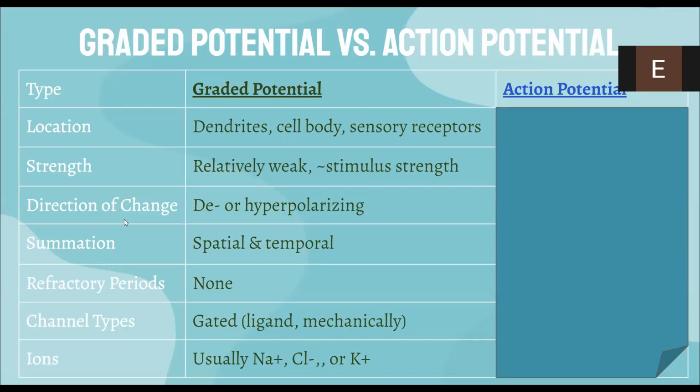And the direction of change can be depolarizing or hyperpolarizing, depending on the stimulus again. The summation can be spatial and temporal. A key thing that's different is that they have no refractory periods, and the channel types can be ligand signaled or mechanically signaled. The ions that are usually involved in this type of potential are sodium, chloride, and potassium.